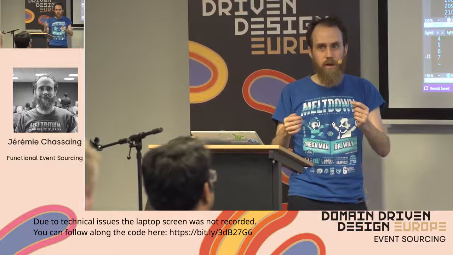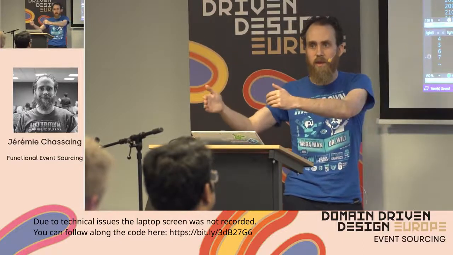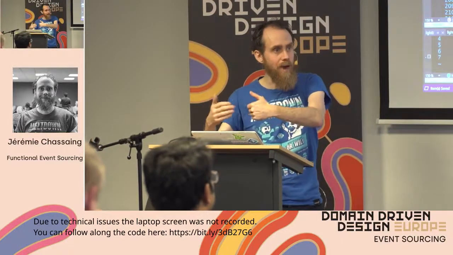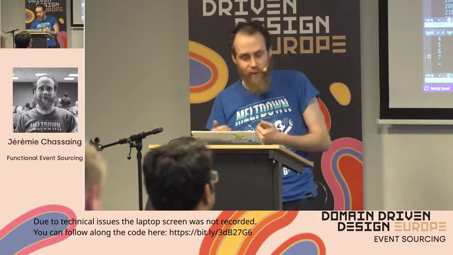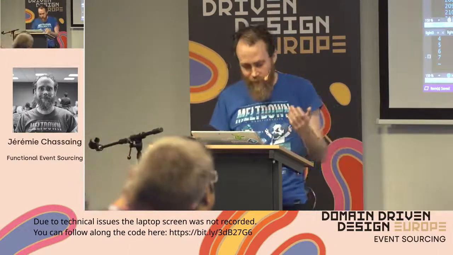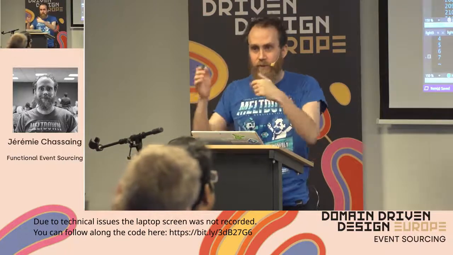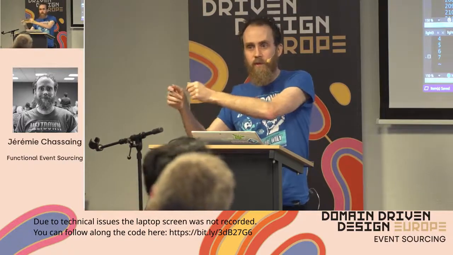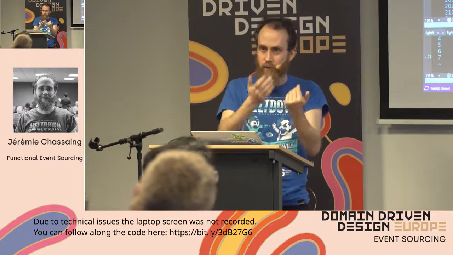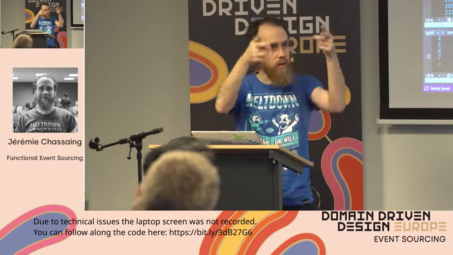What you can do is load the few events that have happened after my last action, and you can just fold these few events on your current state and get the new state and just rerun the thing.